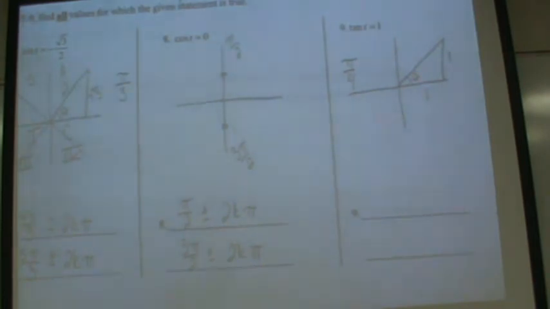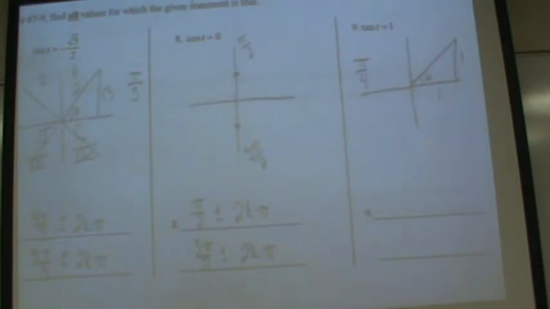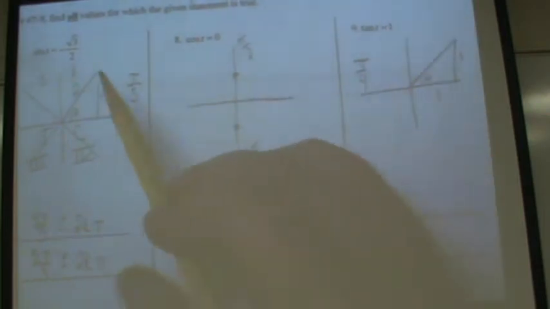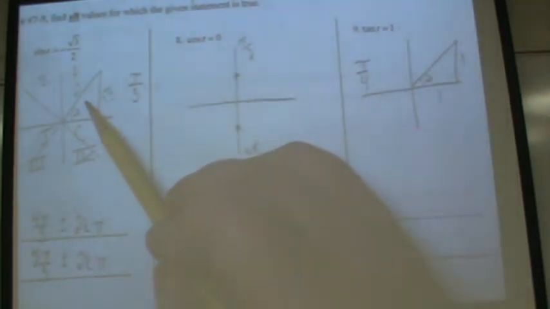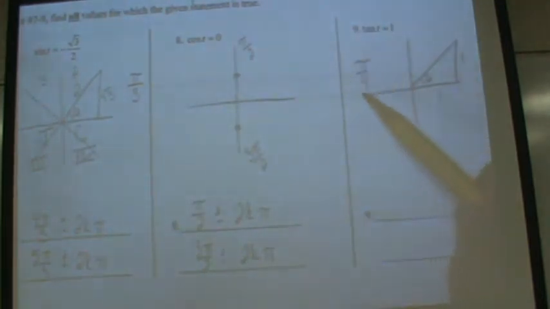That was our 45-degree angle in radians. So again, we want to look where tangent is positive. We know it's positive in the first quadrant and in the third quadrant. So this is our first quadrant radian, so pi over 4. And then we need our third quadrant one, which is going to be 5 pi over 4.